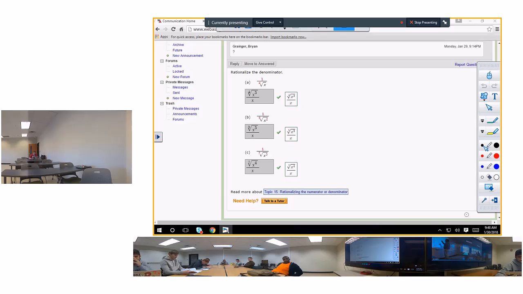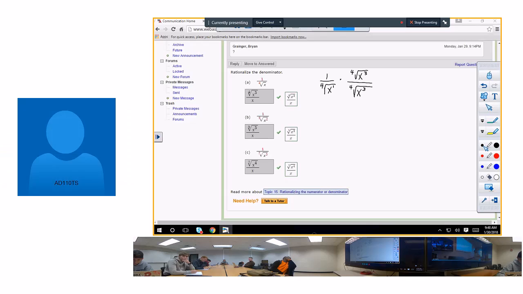So the first one is 1 over the 4th root of x to the first power. So we're going to multiply top and bottom by the 4th root of x to the what? The second. Third. Why would it be the third? Somebody tell me why it would be the third. Because x to the first times x to the third is what?